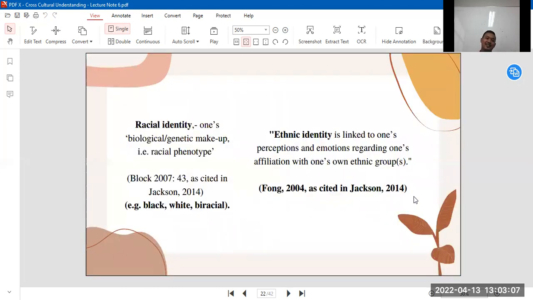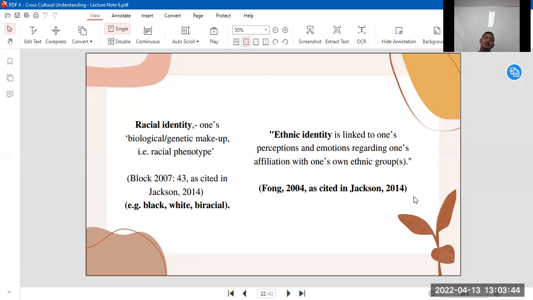Racial identities relate to one's biological or genetic makeup, let's say racial phenotype. For immigrants, an ethnic identity may involve a shared sense of origin or history with ancestors and ethnic groups in distant cultures.